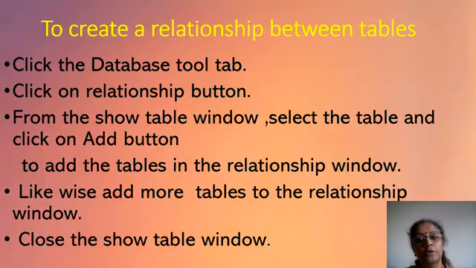So to sum it up, to create a relationship, we need to click on the database tool, then click on the relationship button and select the tables from the show table box and add those tables. Then you need to close that particular window where you add the tables.